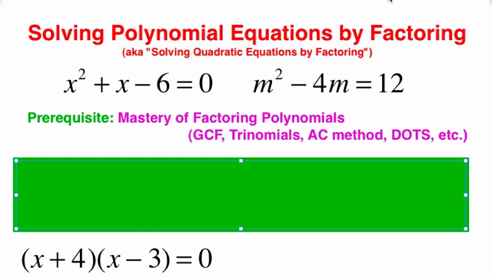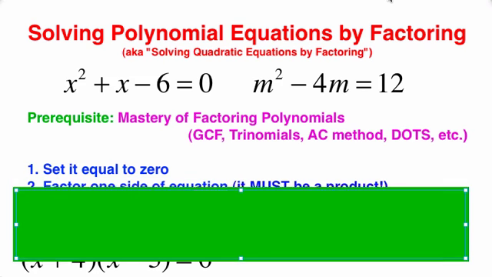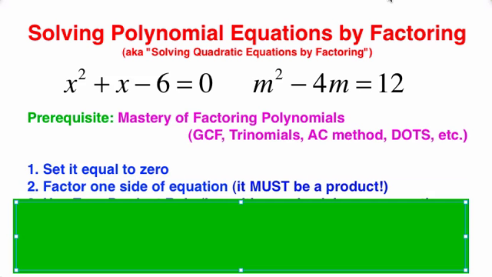So let's go through the three steps. The first thing you want to do with an equation is set it equal to 0. The reason why we do this is we're going to use something called the zero product rule. After you've set it equal to 0, you really want to factor one side of the equation. This is not optional. It has to be a product. You have to have something times something else equals 0.